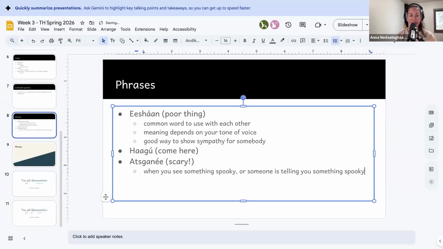Those are fun memories. Thank you. Let's practice that one. Repeat after me. Atskani. Atskani. Your little one said it well. Atskani.